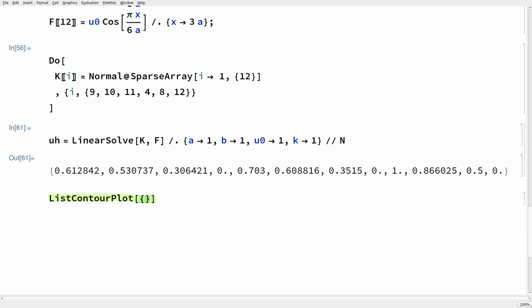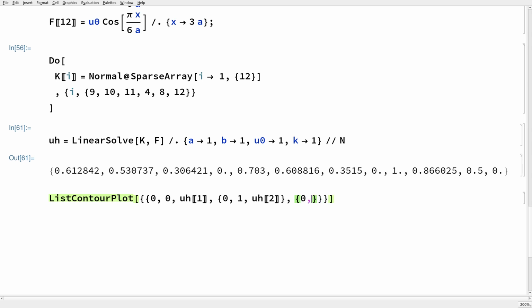This is going to take me a second because I'm going to basically have to put out the x, y, and z locations of every node. So node 1 is 0, 0, u1. Then node 2 is 0, and if a is 1, then that's 1, u2.